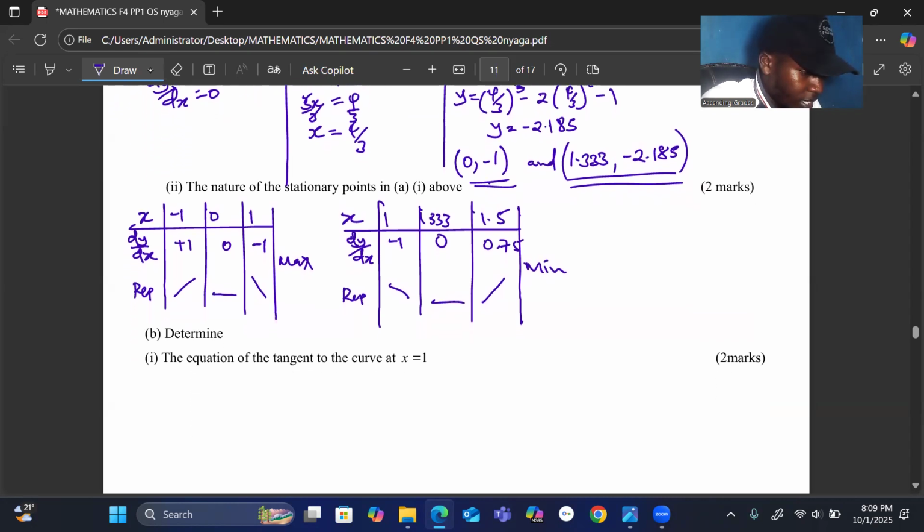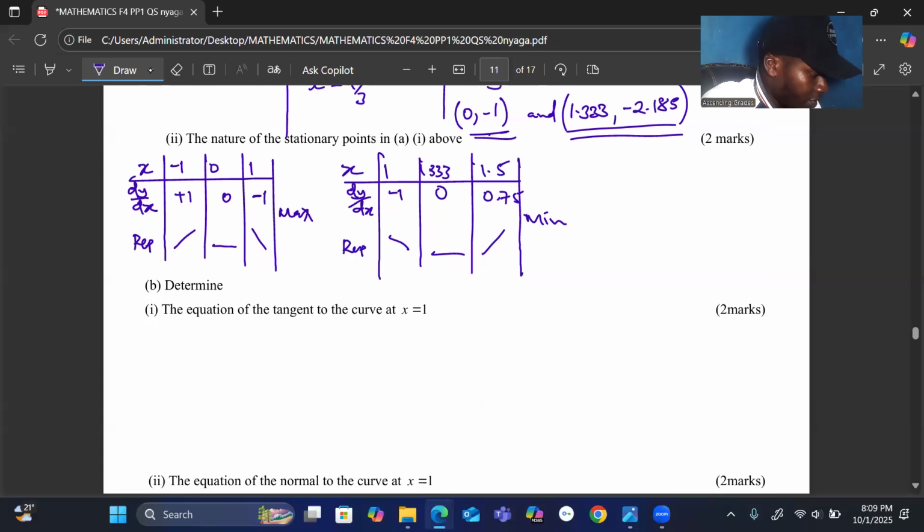Then we move to B, determine the equation of the tangent to the curve at x equal to 1. So at x equal to 1, we represent x with 1. So we shall have 1 cubed minus 2 into 1 squared, then minus 1.